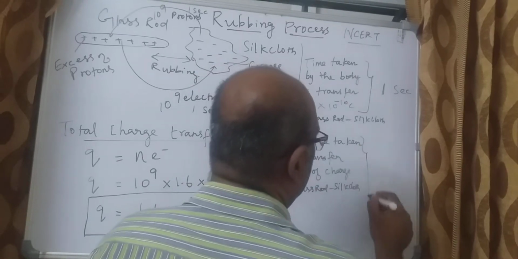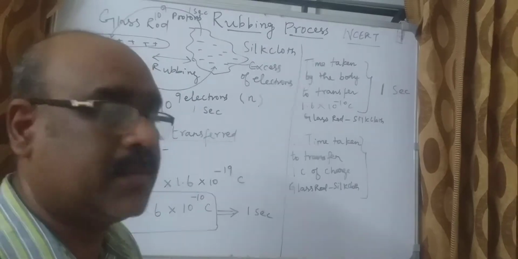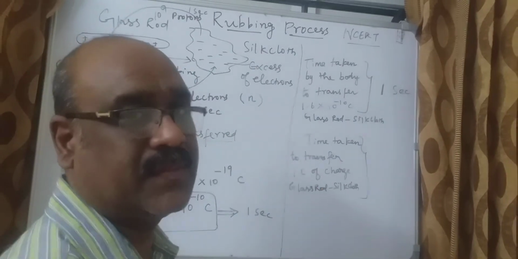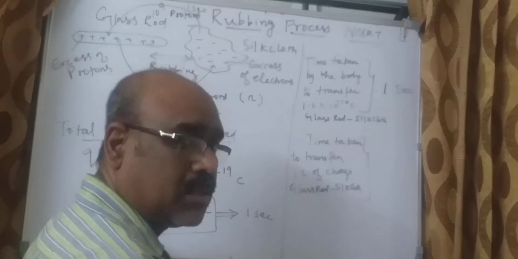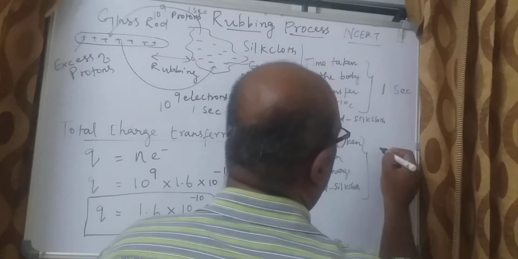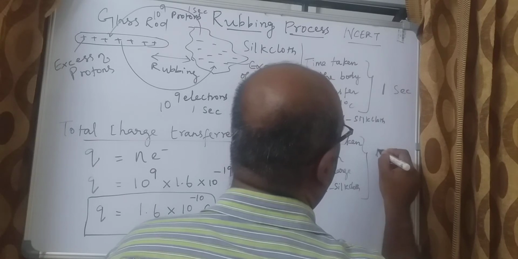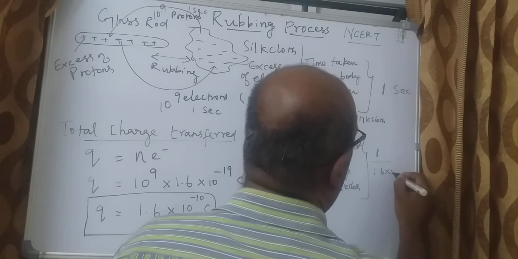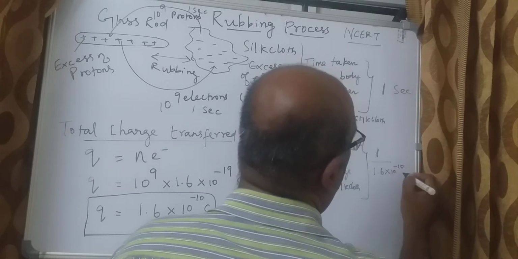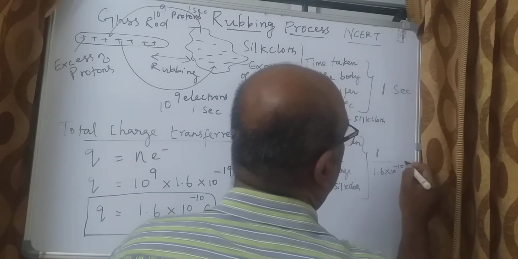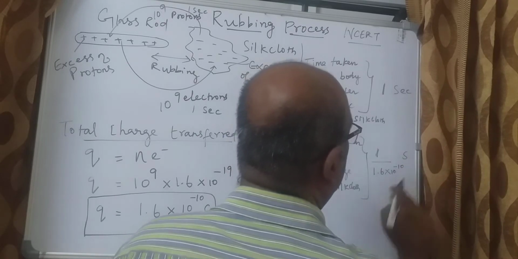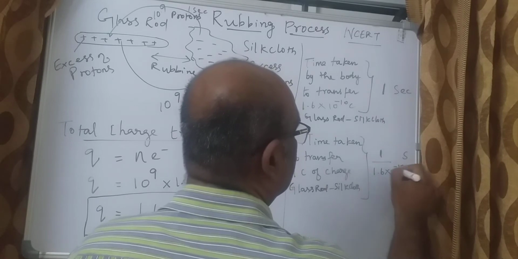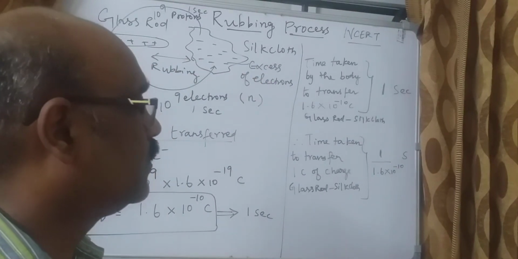So the time taken to transfer 1 coulomb of charge from glass rod to silk cloth is nothing but 1 divided by 1.6 into 10 to the power minus 10 seconds. So 1 divided by this much seconds is taken now.